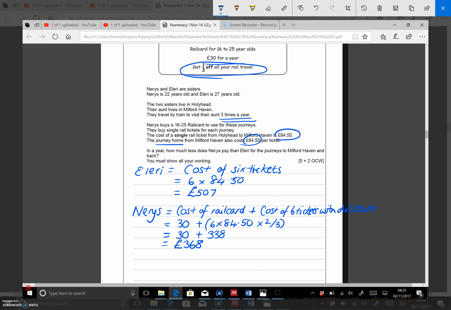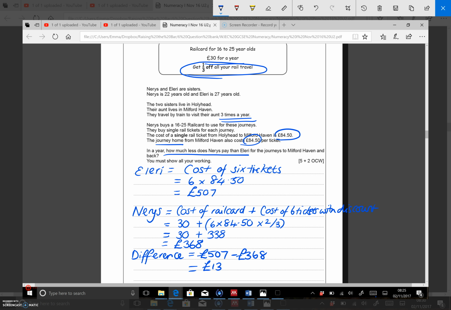Now, what you need to do, we haven't finished the question yet. We have to say how much less does Nerys pay than Larry. So the difference is going to be 507 minus 368, which is £139.